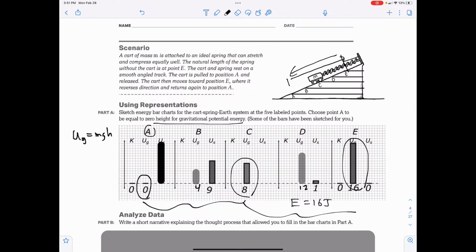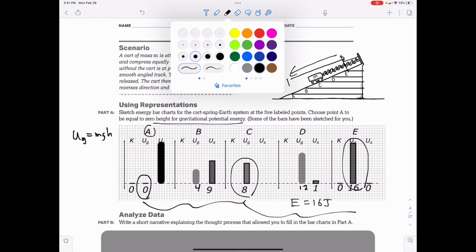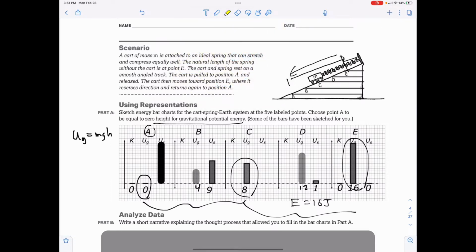And what does that mean? Well, m and g are constant, so potential energy is linearly proportional to height. As the height doubles, potential energy doubles. The height triples, potential energy triples. And so you look at your numbers here, 0, 4, 8, 12, 16. The height and thus the potential energy are increasing linearly.